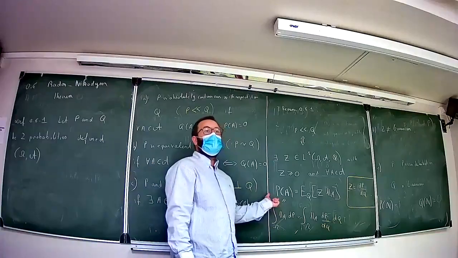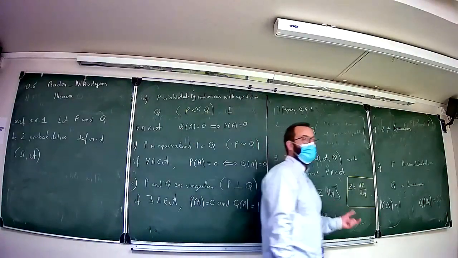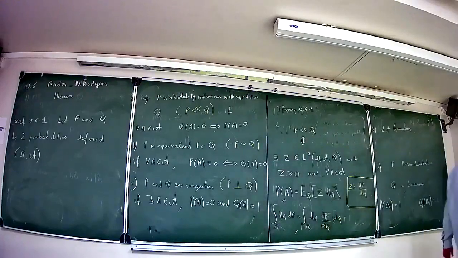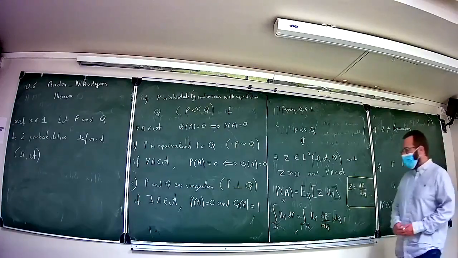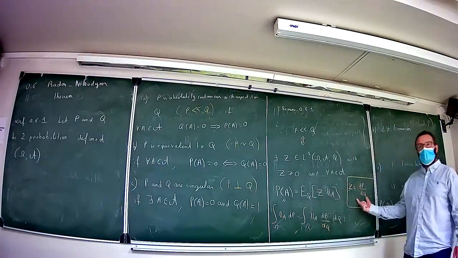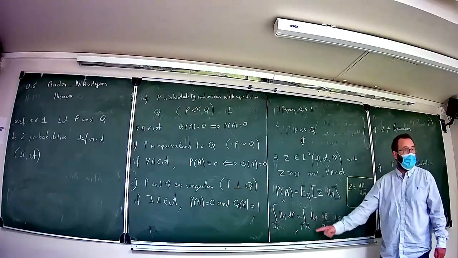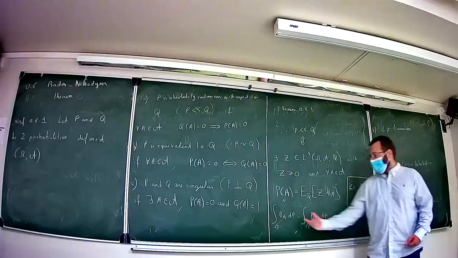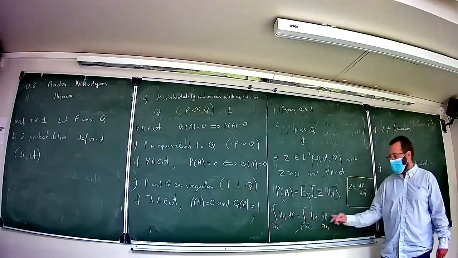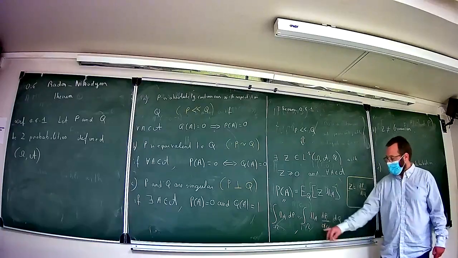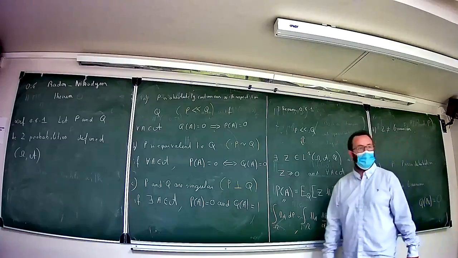In order to compute P of A, it's just the expectation under Q of the indicator function of A multiplied by a random variable in L1 for Q. And I repeat that I introduce this notation that is symbolic, meaningless by itself. This is P of A. If I introduce dQ and multiply by dQ in order to make them equal, here you have the Z. And if you have Z here, you recover exactly this expectation.